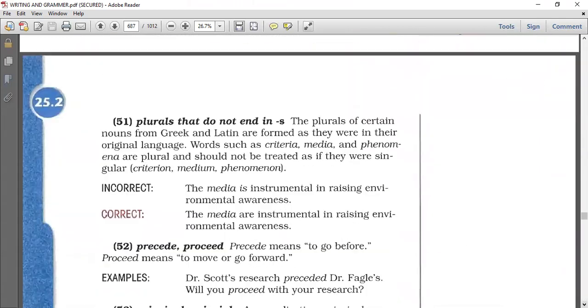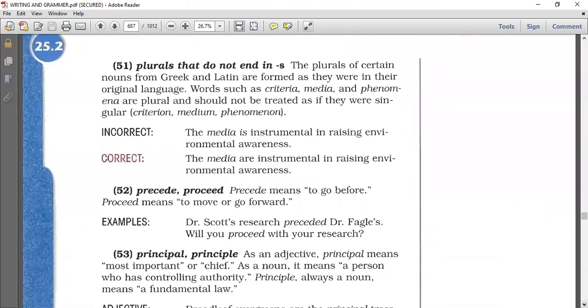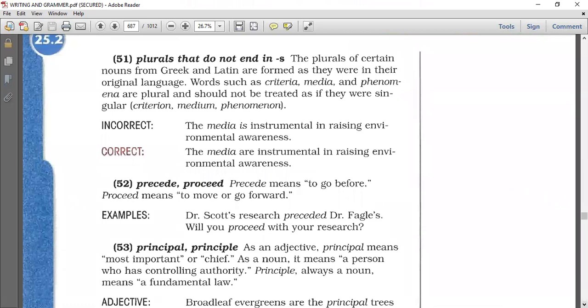We'll go to number 51. This is the last part, from 51 to 60: plurals that do not end in S. Some plurals do not end in S. When you see a word like media, you say "the media is"? No, the media is plural. Why? Because the singular of media is medium. Medium, media. So the media are.